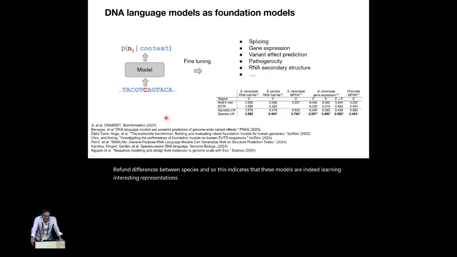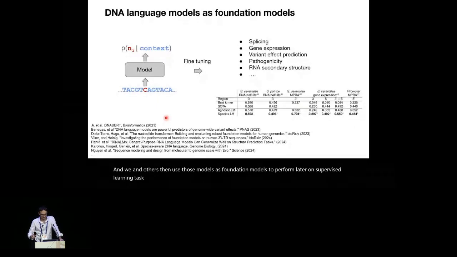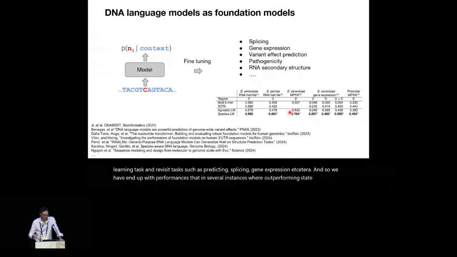And we and others then use those models as foundation models to perform later on supervised learning tasks and revisit tasks such as predicting splicing, gene expression, pathogenicity, etc. And so we have ended up with performances that in several instances were outperforming state-of-the-art models here in yeast, and others have also looked at the same approaches for different downstream tasks.